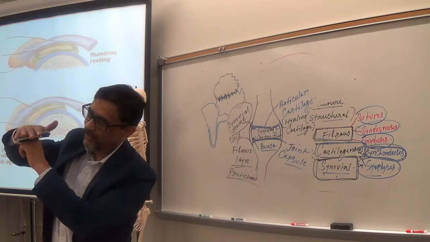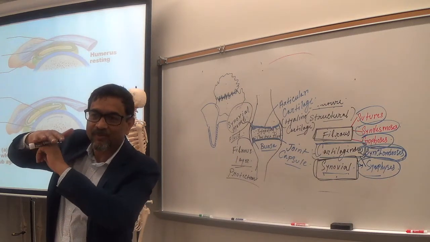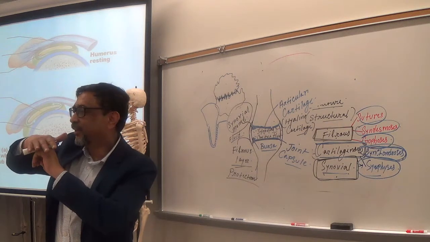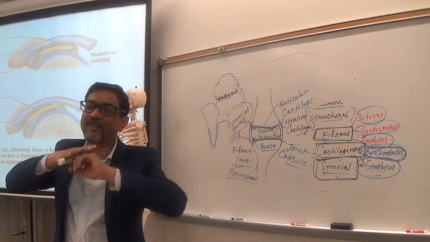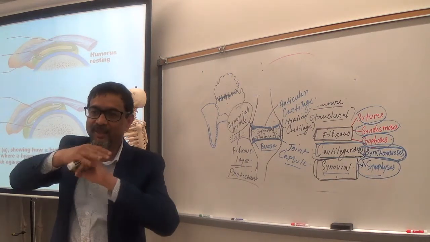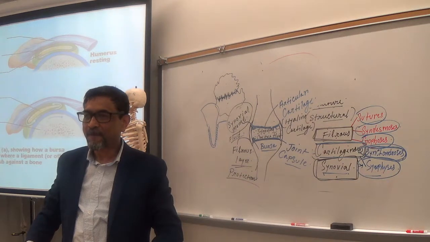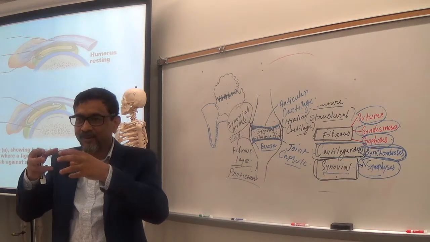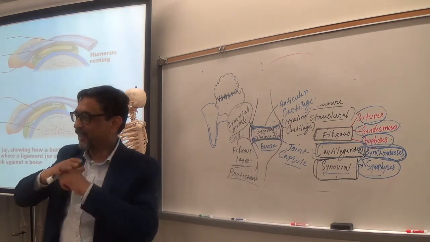When you move the bone, the bursa rolls like this. That reduces the friction as well as increases the flexibility, increases the movement, right? Easily. If you put wheels under your shoe, you can roll easily, you can go fast. So it's like that, okay?